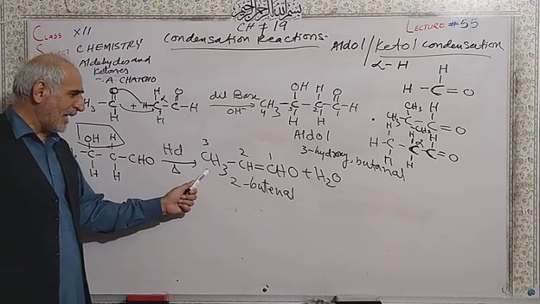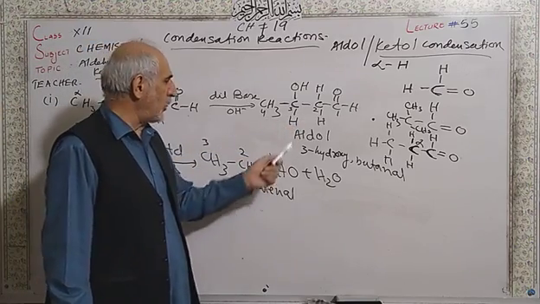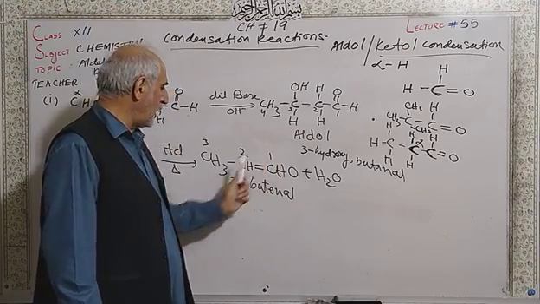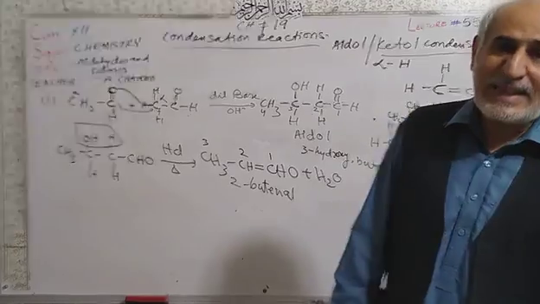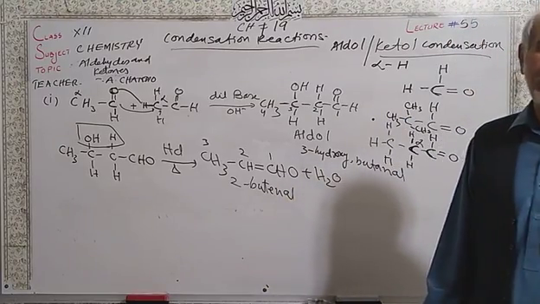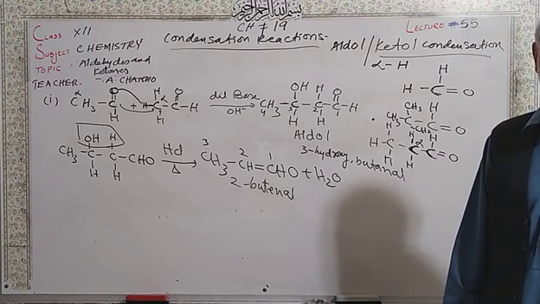So this is the condensed product, and this is the aldol product. Combined we call it aldol condensation between two identical aldehydes. This is a reaction between two identical aldehydes, the same aldehydes.